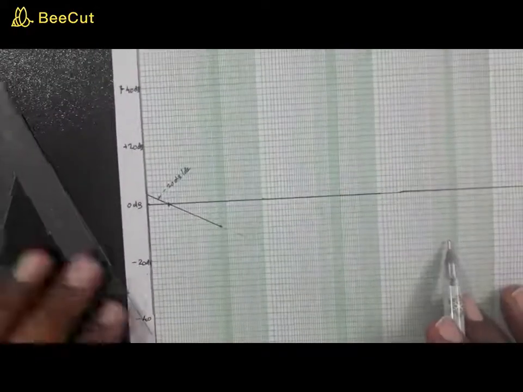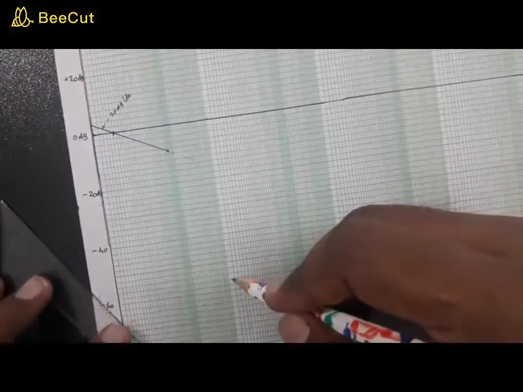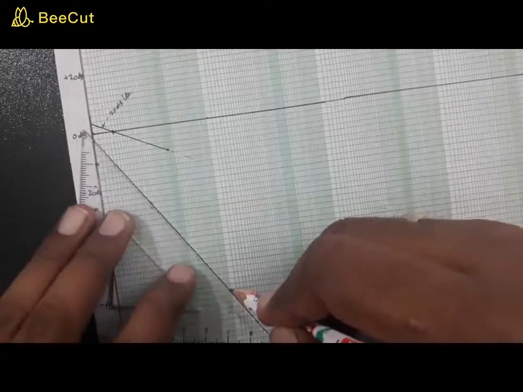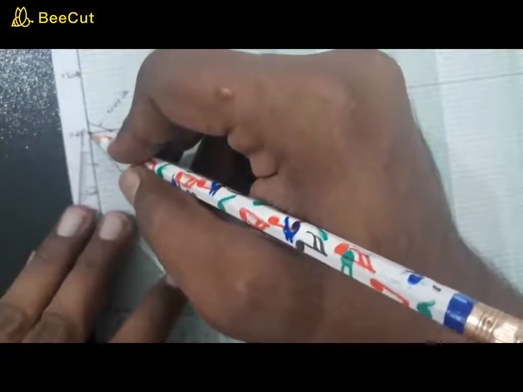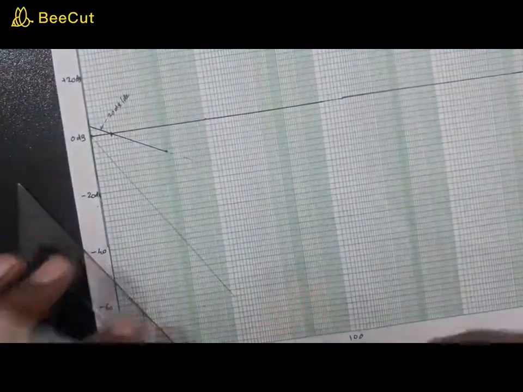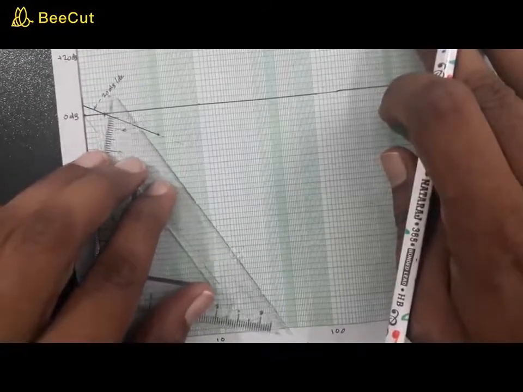Now how to draw that? You know that this is minus 60, right? This is the point corresponding to minus 60. And this line is minus 60 dB per decade. So you may just draw a parallel line like this.